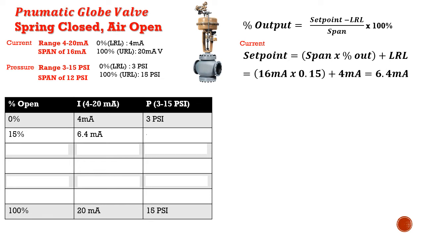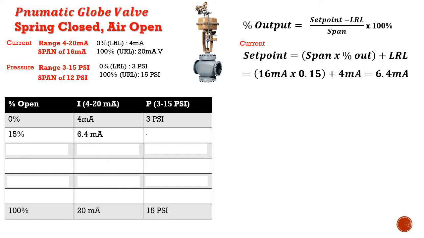Then we've got to add our lower range limit back into that, 4 milliamps, which means our set point for 15% has to be 6.4 milliamps for our analog current input to the globe valve from our PLC.